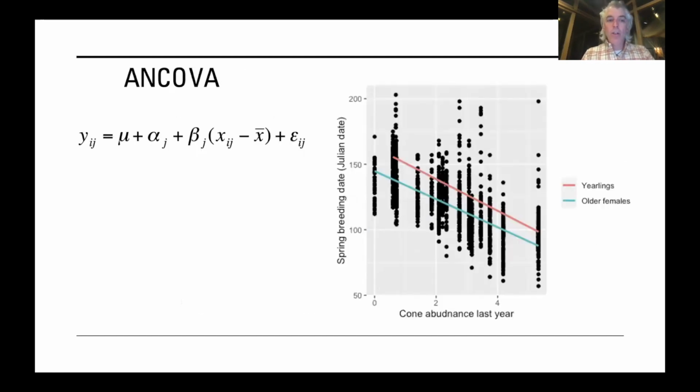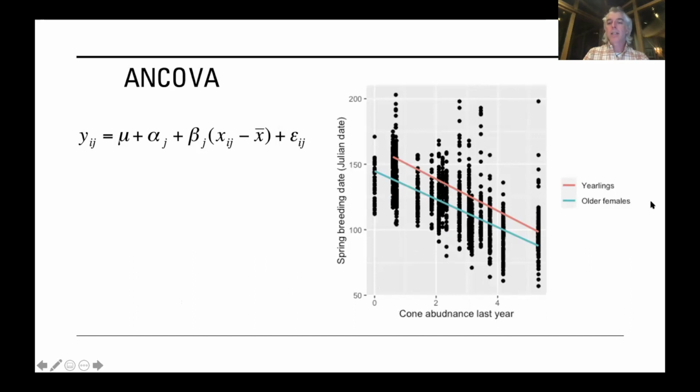General linear models allow us to combine both categorical and continuous predictors in whatever ways we like. Now, one of the simpler ways that we might do this is using what's called an ANCOVA, or an analysis of covariance, which is a cookie cutter type of analysis that typically involves a single categorical predictor that we're interested in.